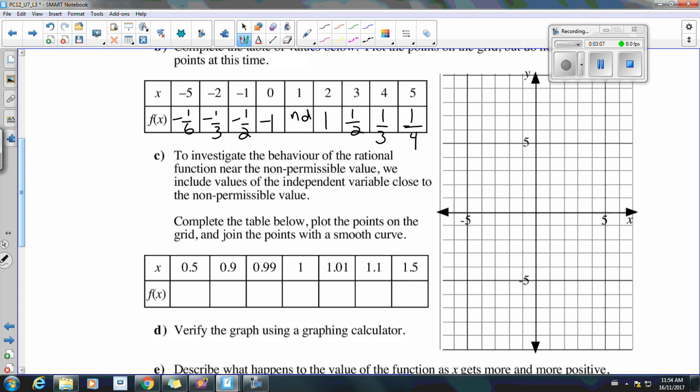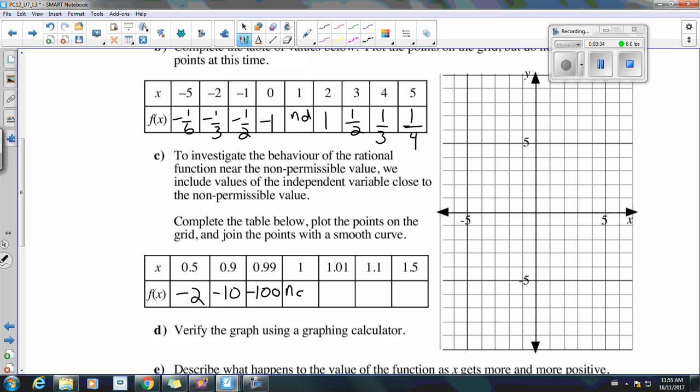To investigate the behavior of the rational function near the non-permissible value, we need to include values of the independent variable closer to the non-permissible value. If we look at 0.5, that gives us the value of negative 2. If we look at 0.9, which is even closer to that value of 1, we have negative 10. 0.99 gives us the value negative 100.